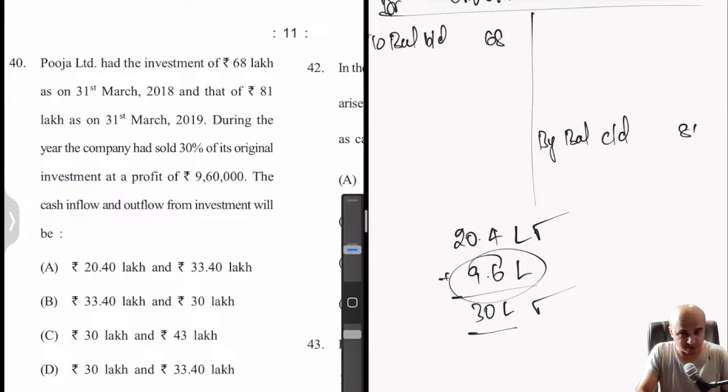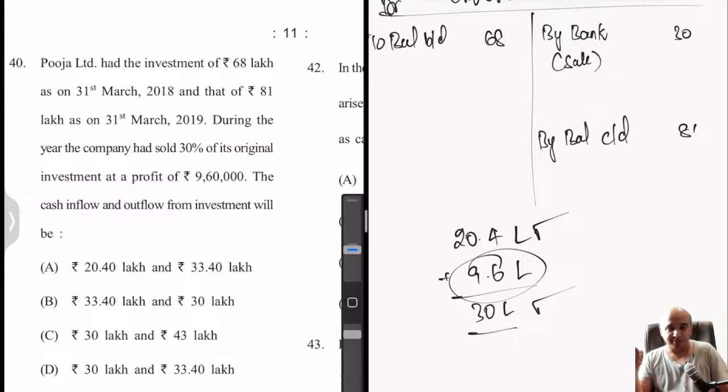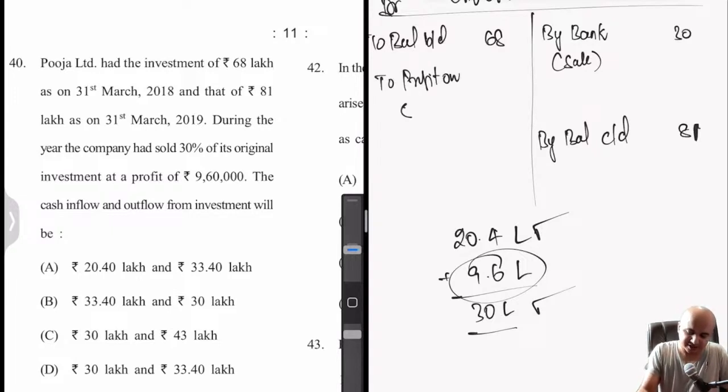So therefore, in the investment account, what will we write? By bank, sale price. So that is 30 lakhs. But the problem here is this 30 lakhs also includes something which is not investment, which is profit of 9,60,000. Any profit in this case will transfer to P&L account. Okay. To profit on sale, just so that we will know what exactly is the position with respect to investment account.